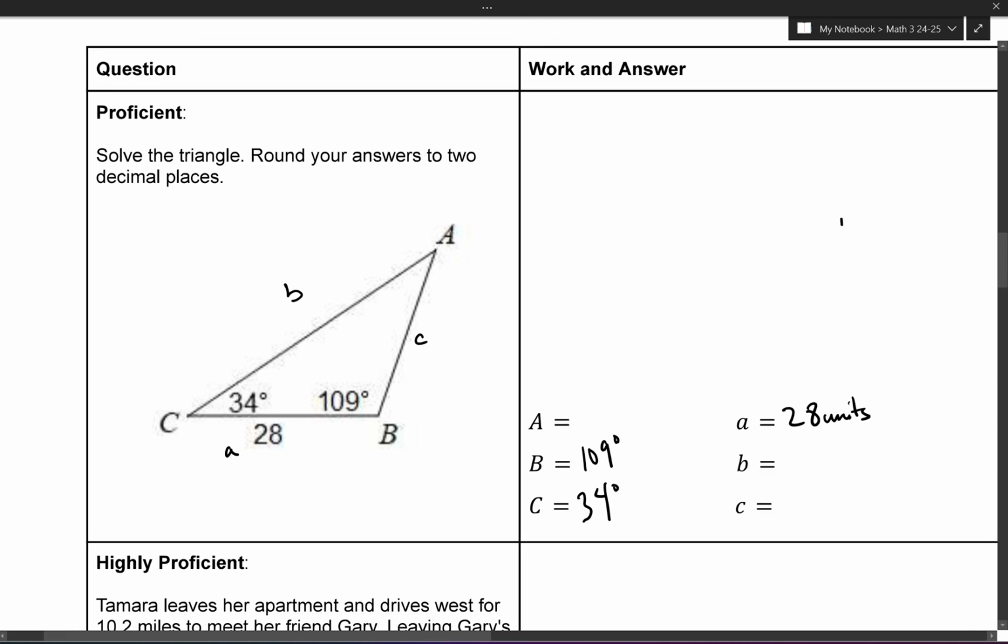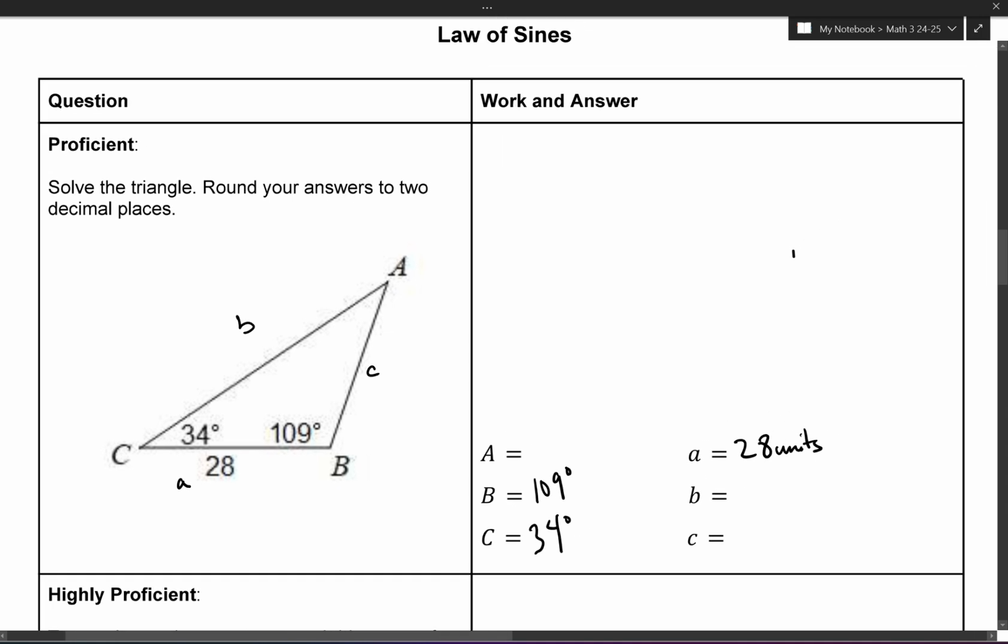So A is probably the easiest to find. Let's find angle A. Well, that's the 180 rule.